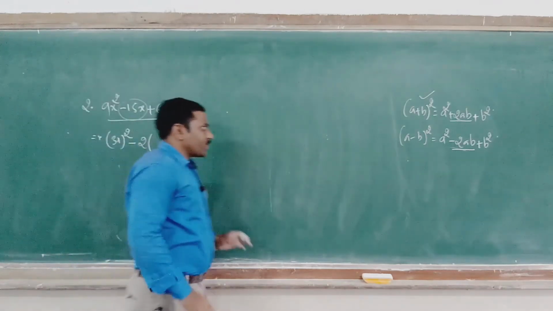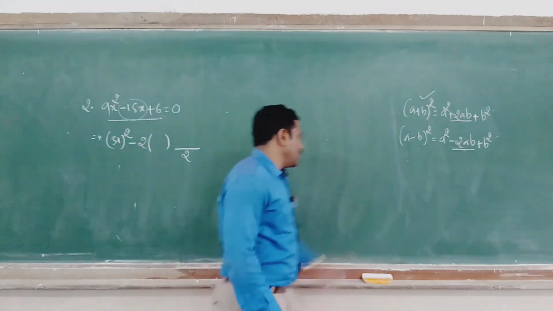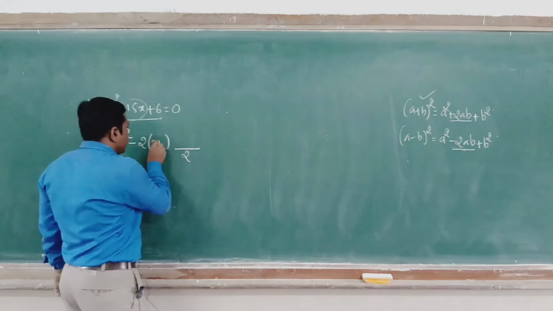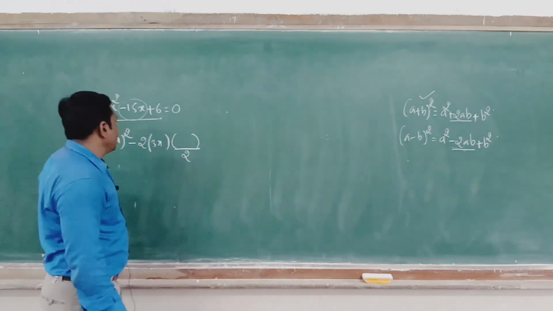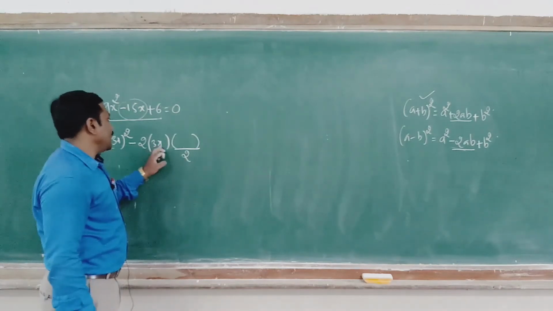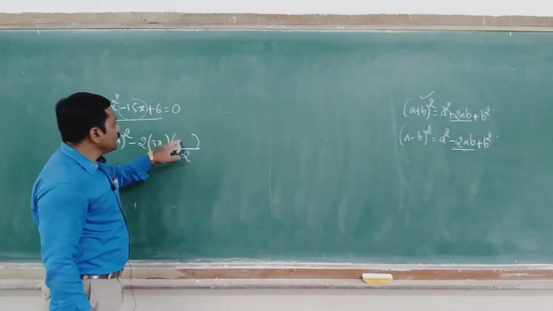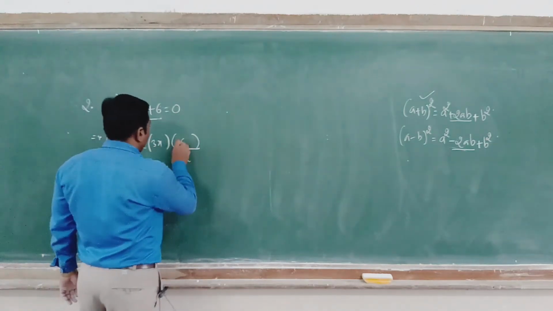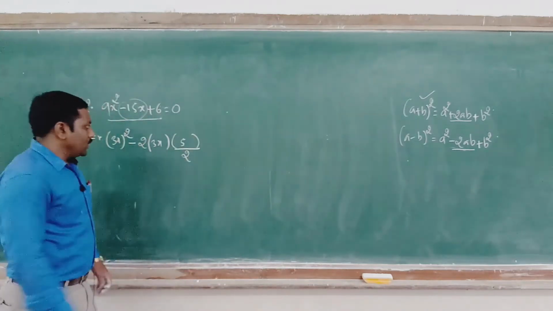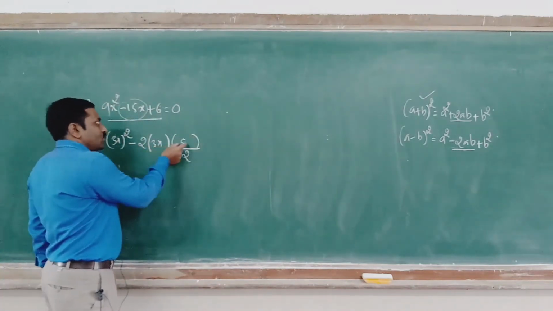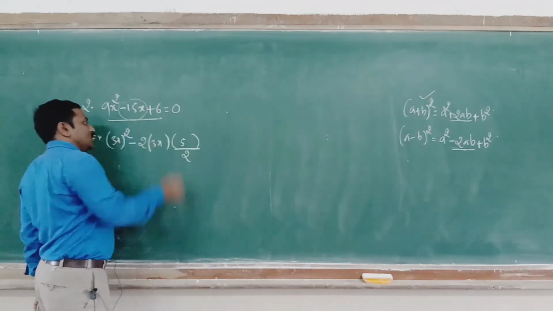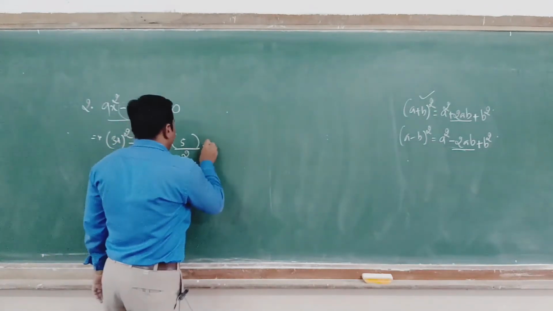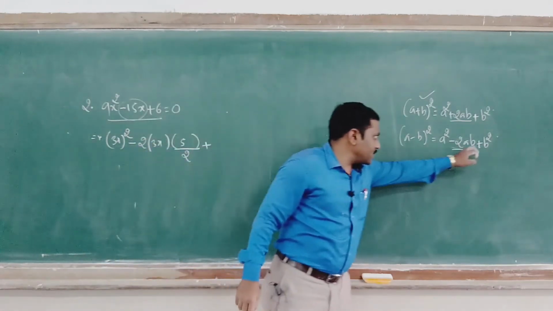Next, a is 3x. And what about b? The 2 gets cancelled, 3x into 5 remains, that is minus 15x. So again you get the same value, minus 15x, plus b square.